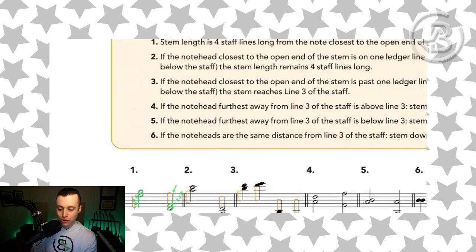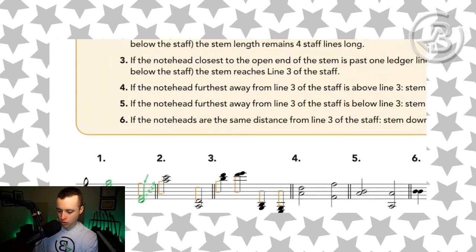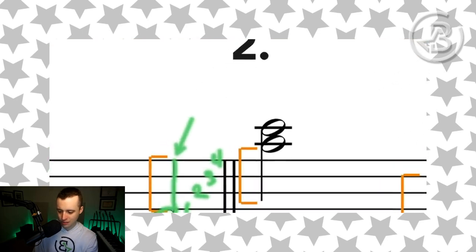Rule number 2, you may recall this one from when you learned how to write notes on ledger lines. And that is, if the note head closest to the open end of the stem is on one ledger line, above or below the staff, we are still going to respect the 4 staff lines long rule for how long the stem should be.